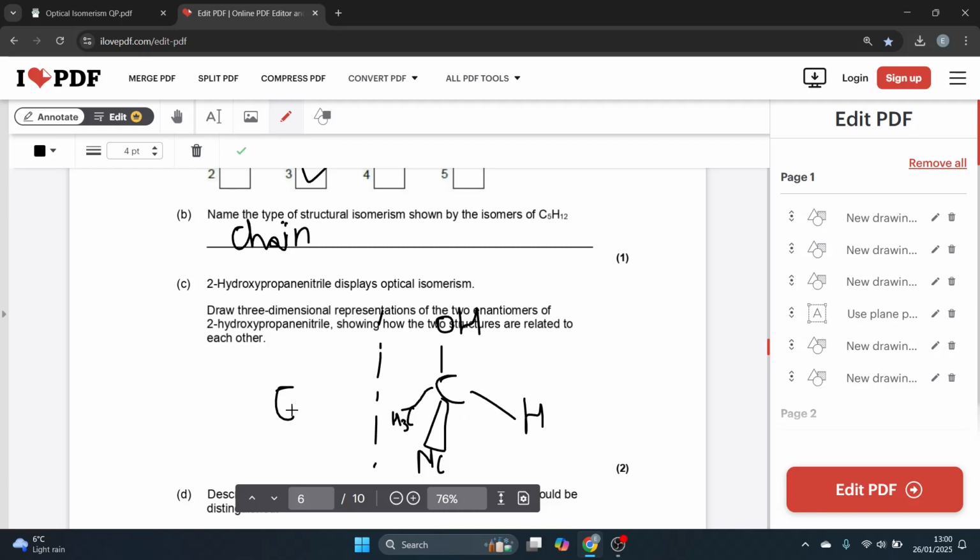And if I go here, carbon, OH, CH3, CN, and this hydrogen is just here. Perfect. I think the hardest part is knowing the full structure of 2-hydroxypropanenitrile, because it's got OH and CN, propane, gonna have 3 carbons, so we need to have a methyl group.